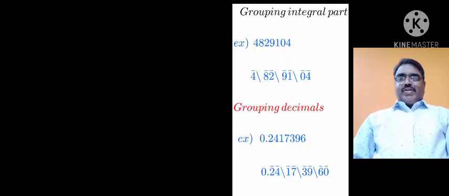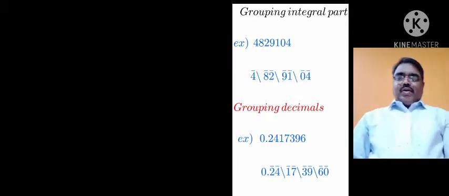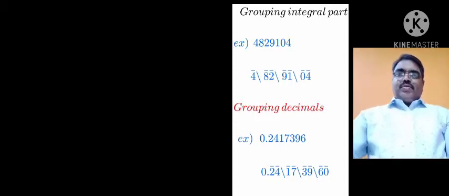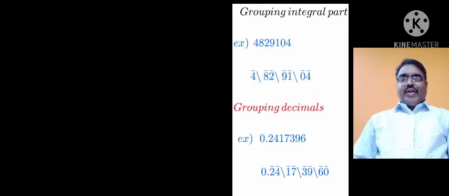Let us see one more example. You are given one number. In the first example, you were given an integer number. In the second example, you are given a decimal number.